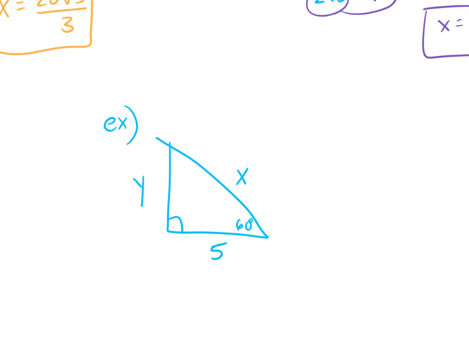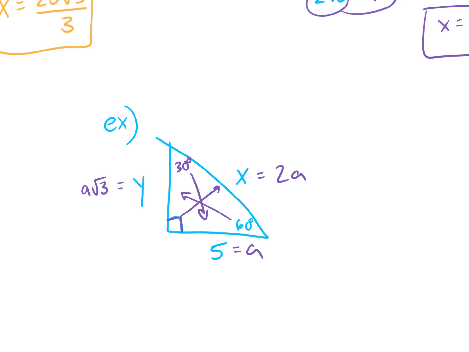Label each side. So across from 60 is what? A square root 3. What's across from 90? 2a. And then what's the other side? Just a. We know that this angle is 30 because if the other acute angle is 60, the other one has to be 30. So then the one across from 30 is just a.